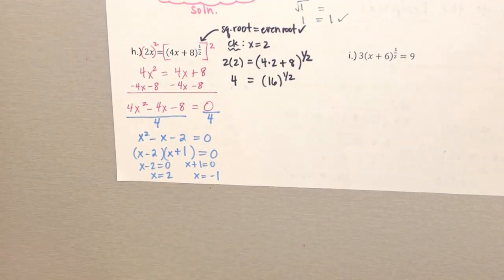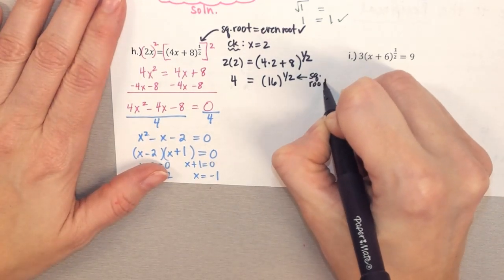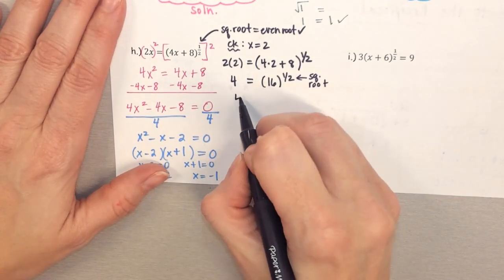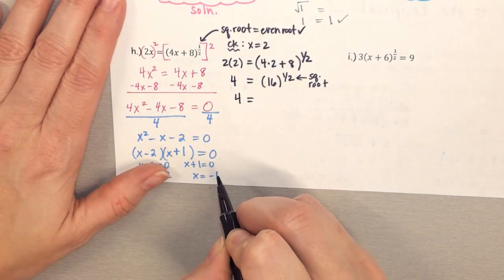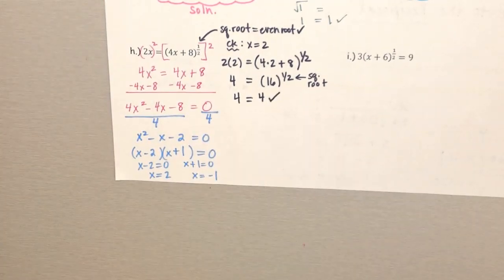So we have 16 to the 1/2. Remember that this is the same thing as a square root. So if you take the square root of 16, what do you get? 4. So that's going to check. x equals 2 is one of your solutions.